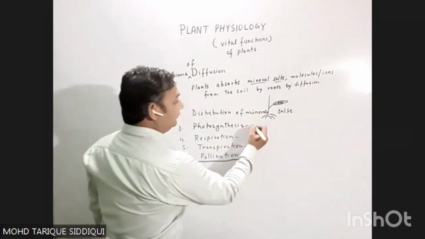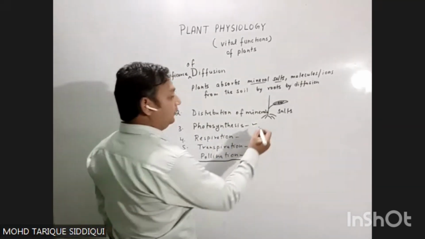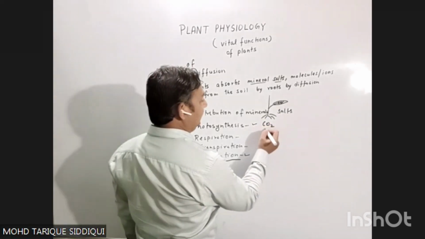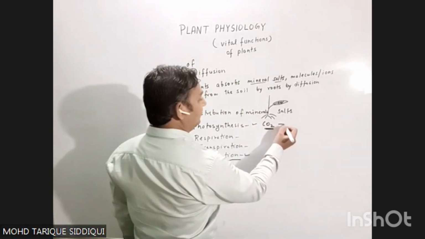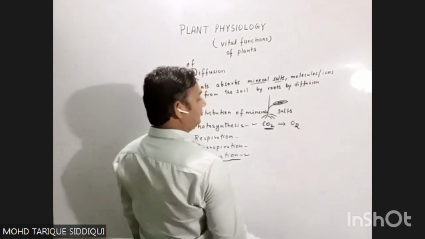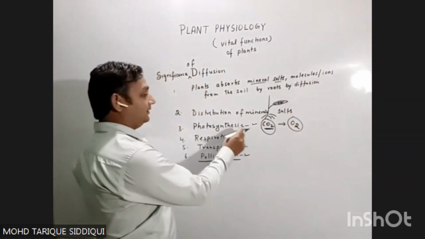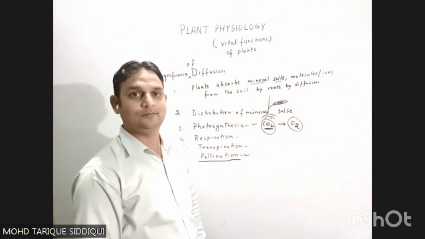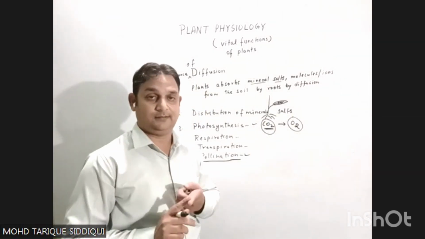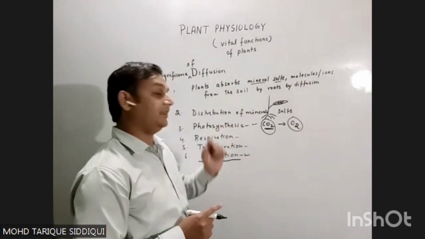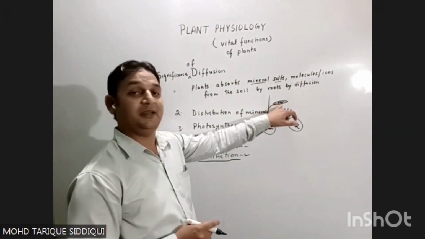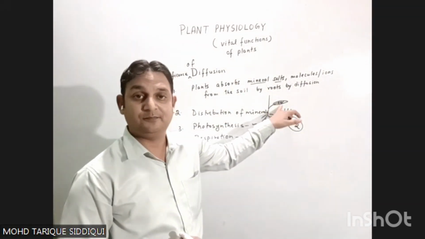How does diffusion help photosynthesis? What is the raw material for photosynthesis? Mostly carbon dioxide. And this will release oxygen. So plants take carbon dioxide and give out oxygen in photosynthesis. Here, stomata are present on the surface of the leaf.